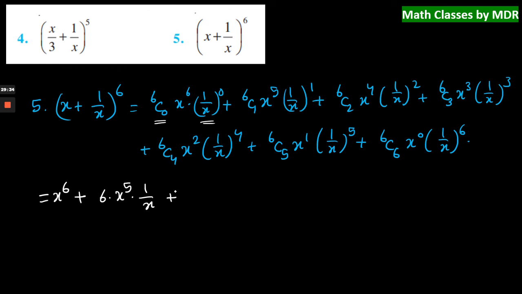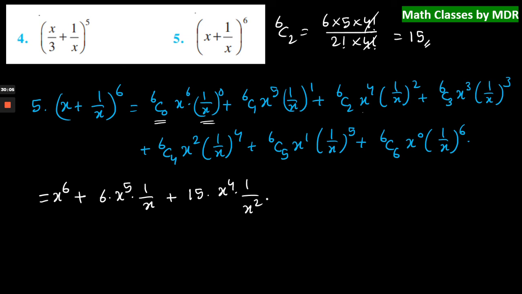What is the value of 6C2? We have calculated that 6C2 is nothing but 6 factorial by, we can write in other ways, right? 6 into 5 into 4 factorial by 2 factorial into 4 factorial. This gets cancelled. We can check this with the values of NCERT. That is 15. 15 into x^4 into 1/x^2 plus 6C3. What is 6C3? 6 into 5 into 4 into 3 factorial by 3 factorial.